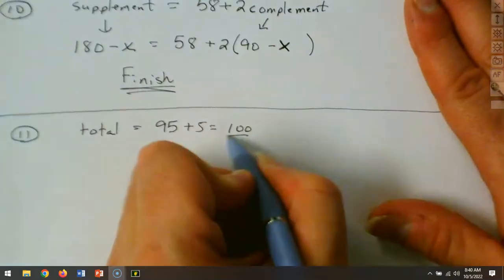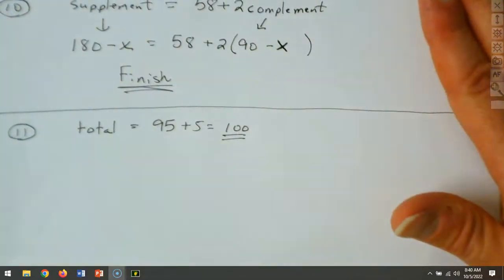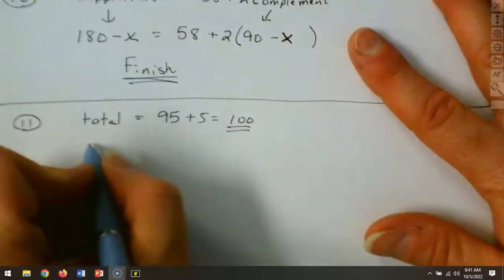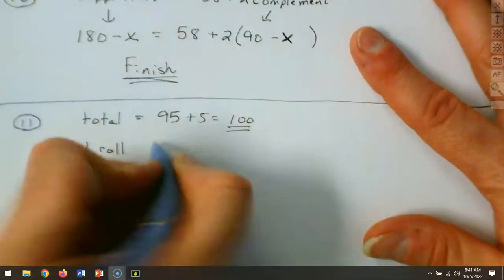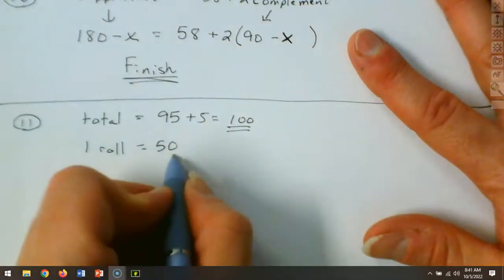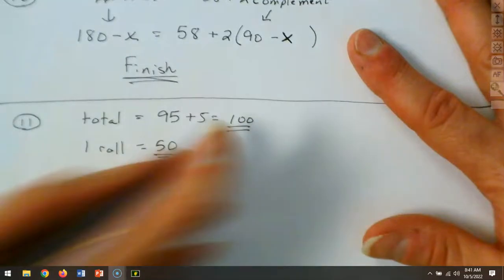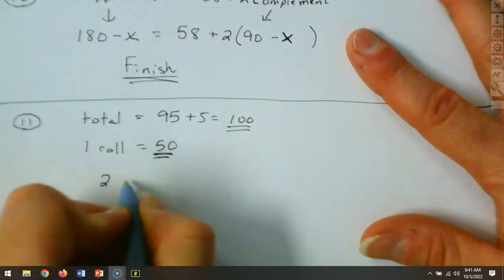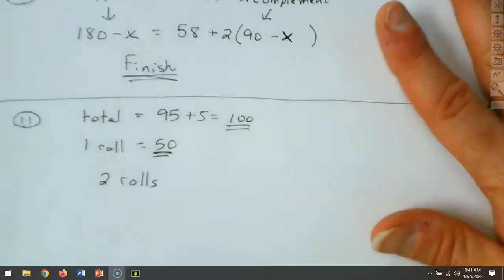That means we have 100 pennies total, right? Now, how many pennies are in a roll? Yep, 1 roll is 50. And so that means if we have 50 per roll, we have 100 total. That means we have 2 rolls of pennies.